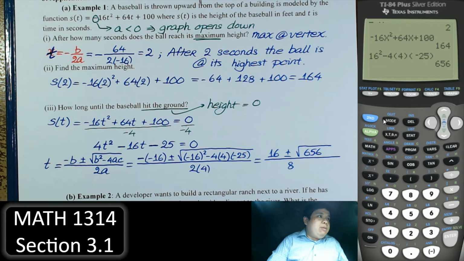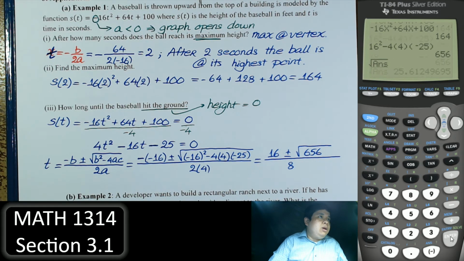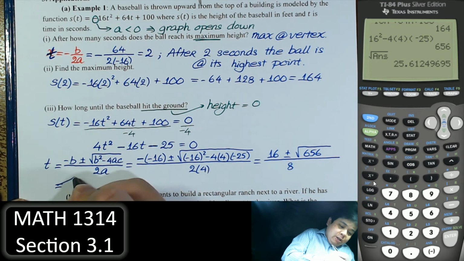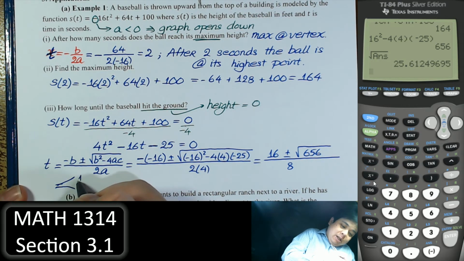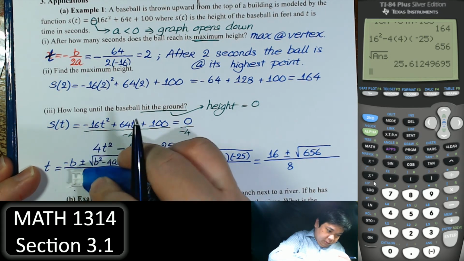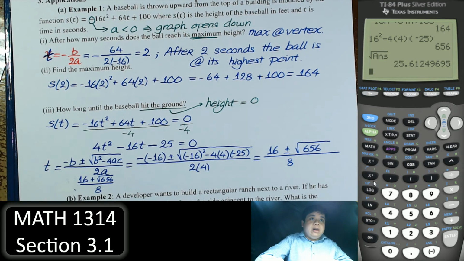Do we have a square root for that? No, it's not coming out anything nice and even. So in that case, we just evaluate two scenarios where we have 16 plus square root of 656 over 8. So that is one of them.